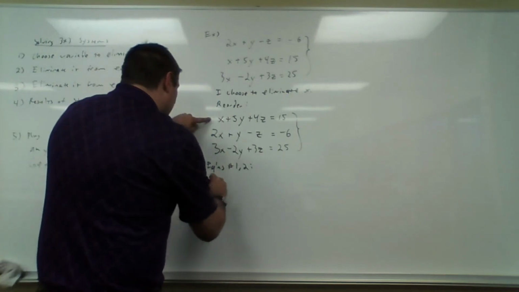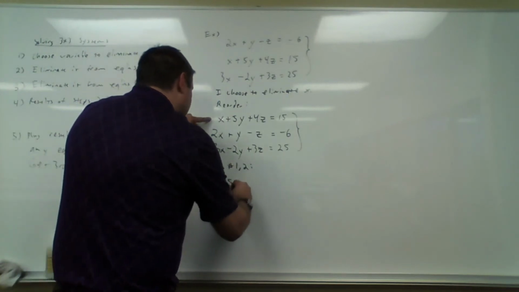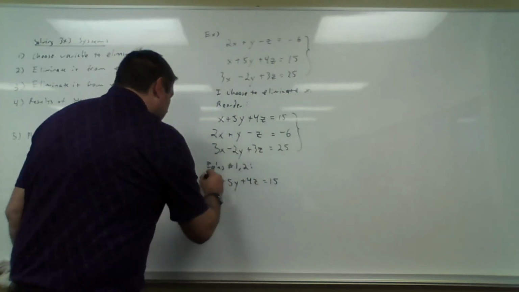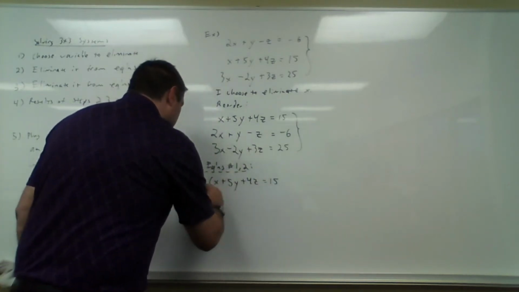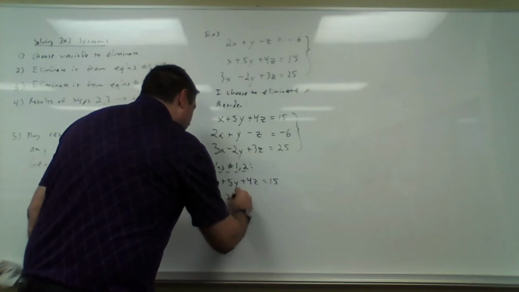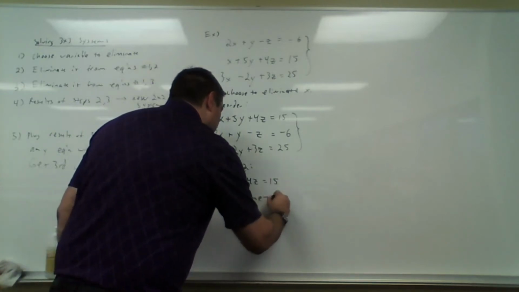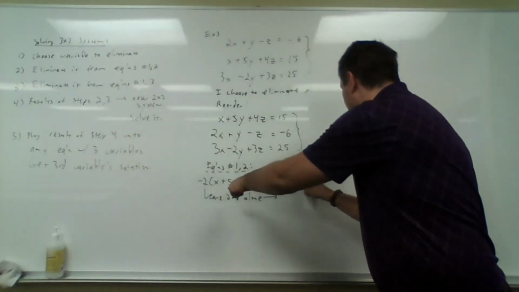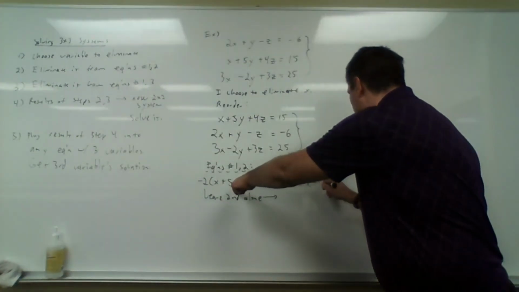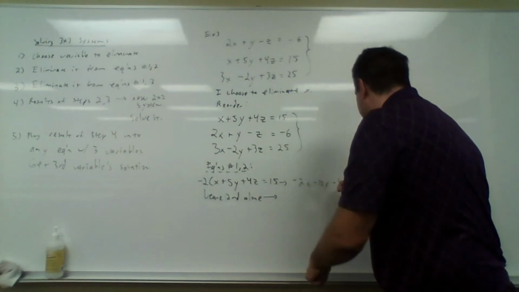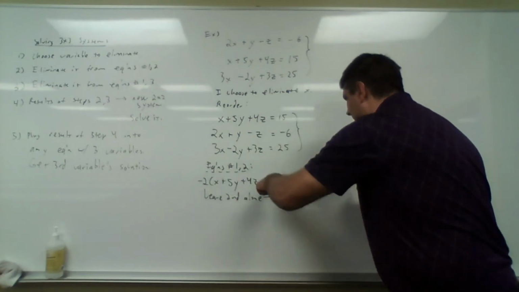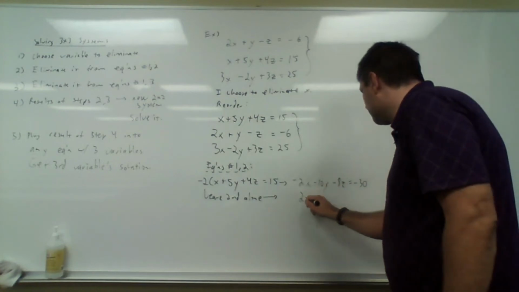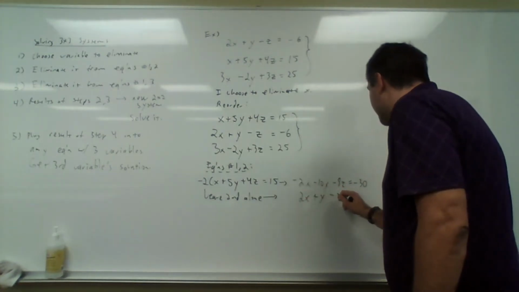So negative 2 times x plus 5y plus 4z equals 15 gives negative 2x minus 10y minus 8z equals negative 30. And the second equation will be 2x plus y minus z equals negative 6.